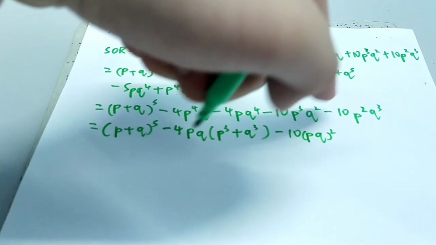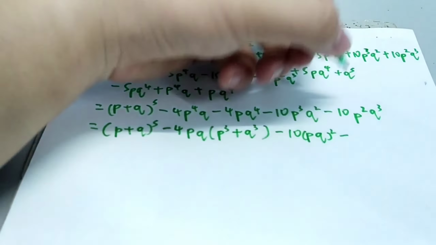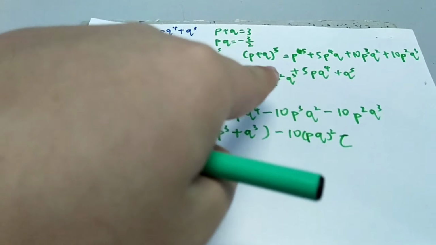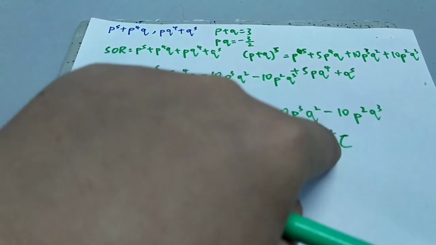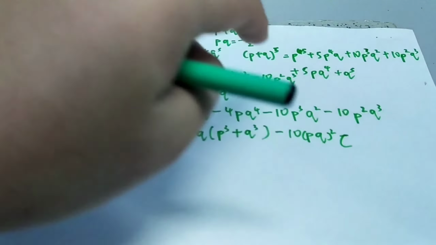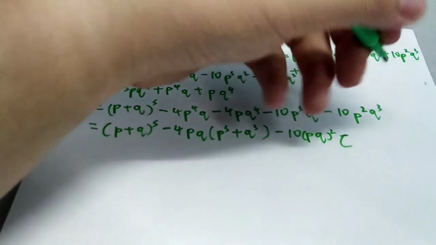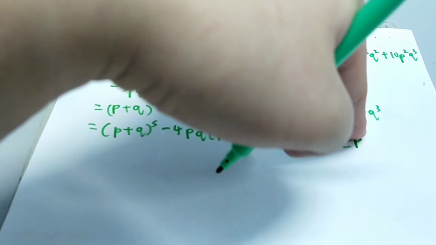Since we factorize the negative 10 (pq)^2, the remaining term for here is going to be p, and then the remaining term is going to be plus q.